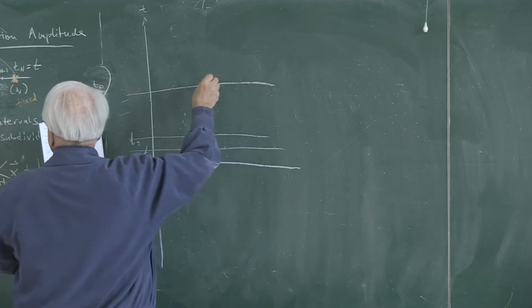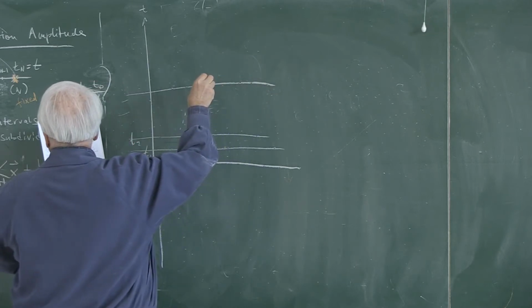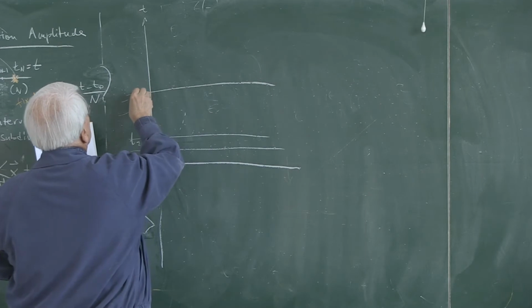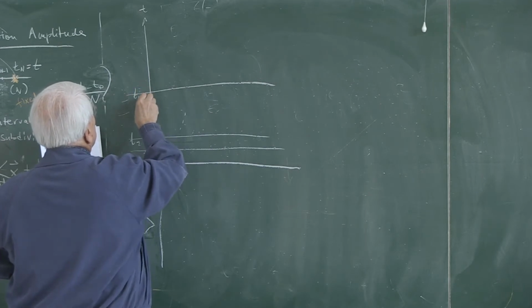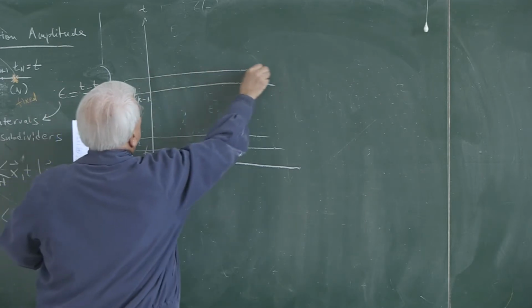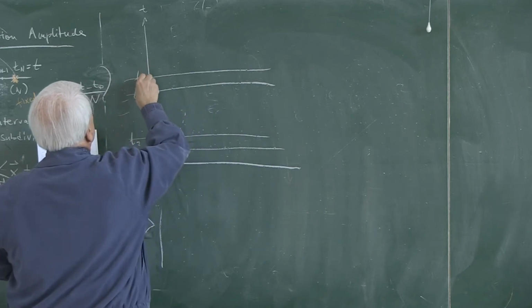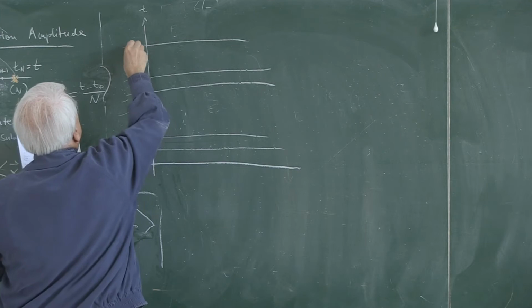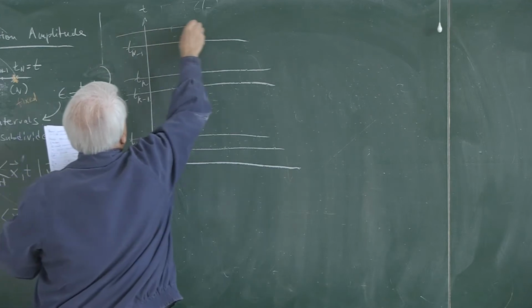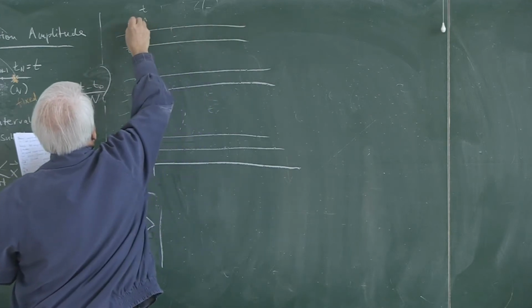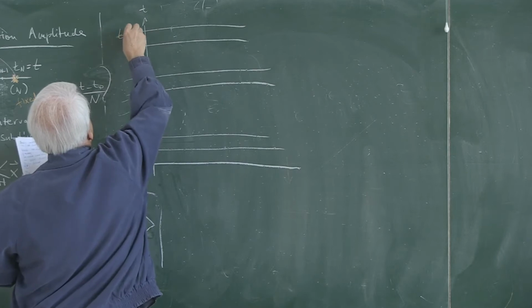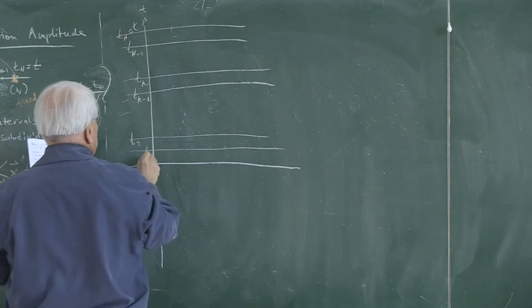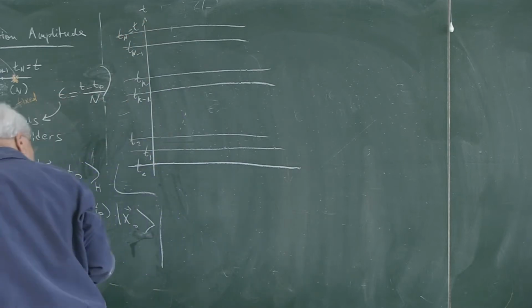This one is Tk minus 1 and Tk, because that's the notation I used, Tk. And finally, I am at Tn minus 1 and Tn, which is the final T, right? The final T. This is the initial and fixed.